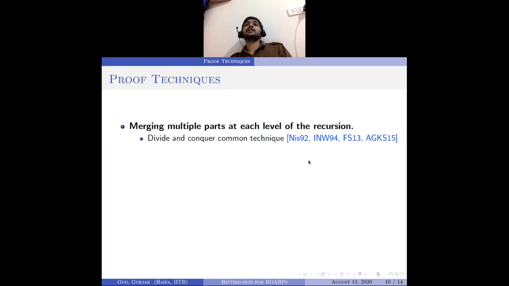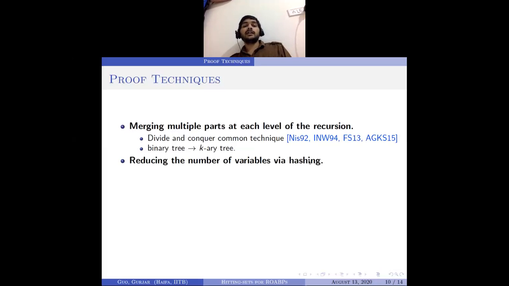For each part, you design your PIT separately and then combine them. Instead of dividing into two parts, you can divide into k parts. So instead of a binary tree, you get a k-ary tree, and then you can optimize on this number k and get some improvements. That's what we are doing here.